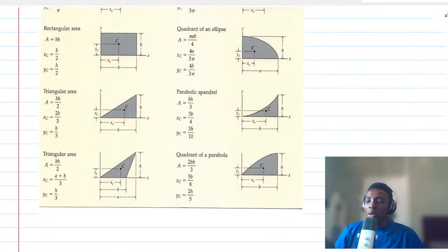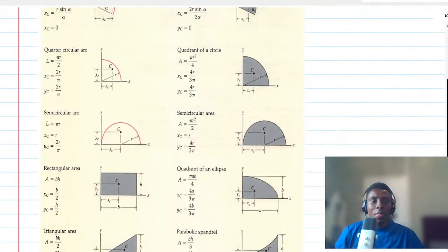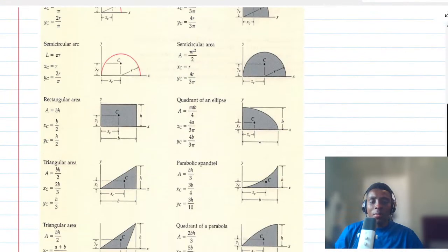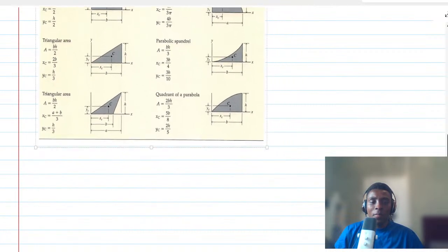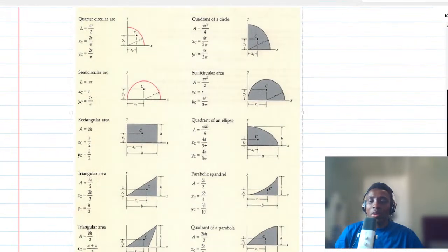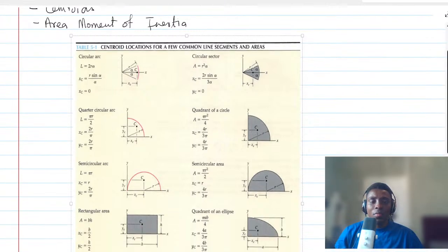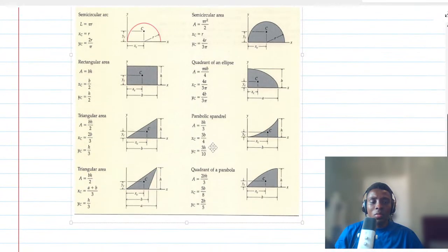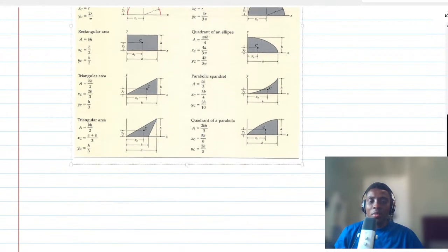Okay. So I want to show you this image here. Can you all see my screen, please? Can you all see my screen?